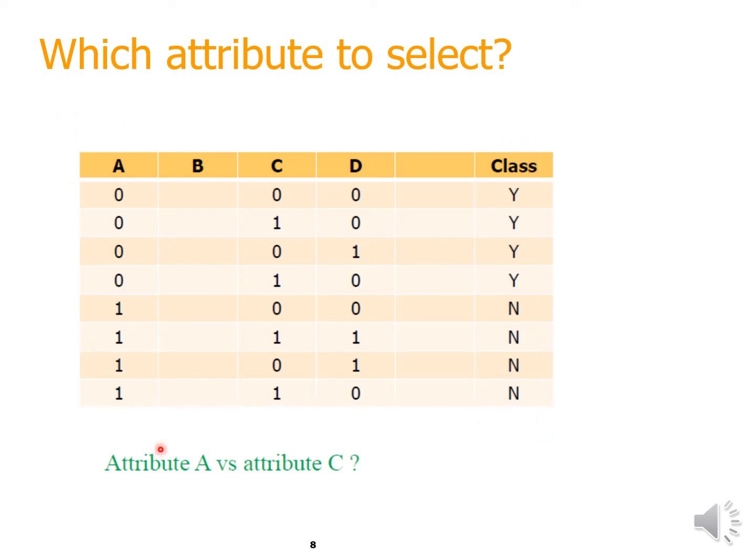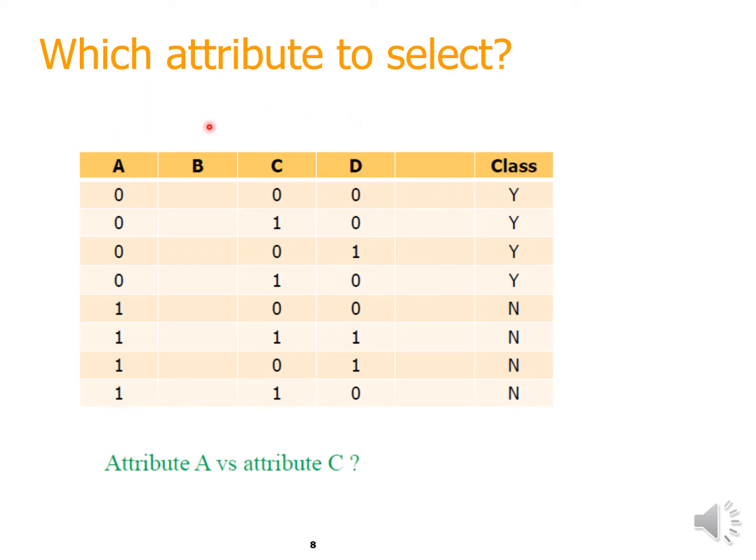If attribute A is 0, that automatically determines the class value as Y. If attribute A is 1, that automatically means the class value is N. So if you know the value of attribute A, we don't need to know the rest. We don't care about all the other attributes. Our problem is solved. We don't care about attributes B, C, D, whatever.